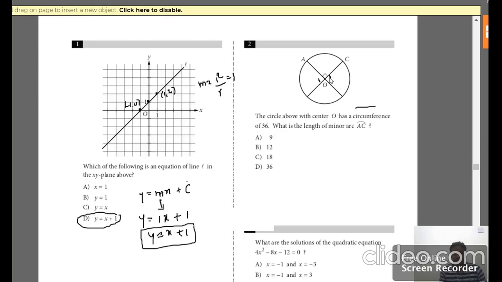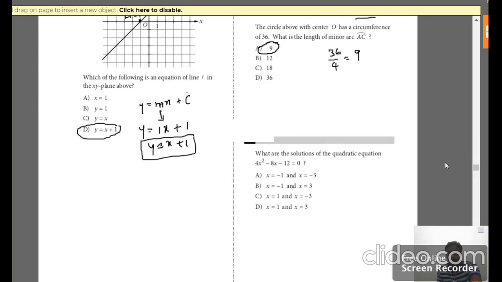What is the length of the minor arc AC? To get that, we check how many sectors it is divided into, that is 4. So 36 divided by 4 gives the length of the arc of each sector, as they are all equal to 90 degrees. So the length of the arc AC is 9.